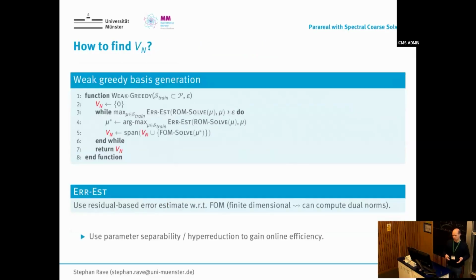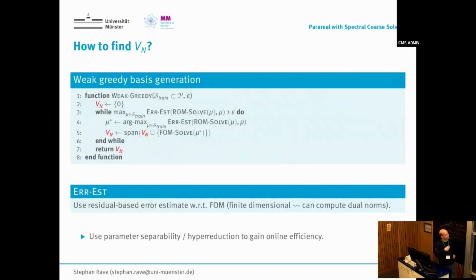We do this by actually solving the full order model for some parameters and then just taking the linear span of these solution vectors, which we call snapshots. And the parameters for which we solve are usually selected in a greedy manner. So we have such a greedy loop where we start with a zero-dimensional space maybe.